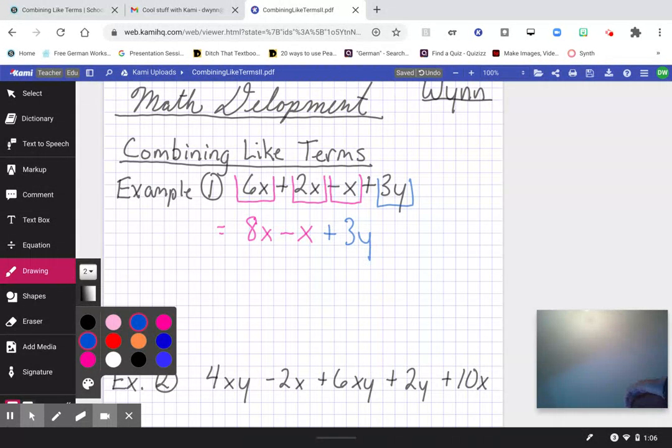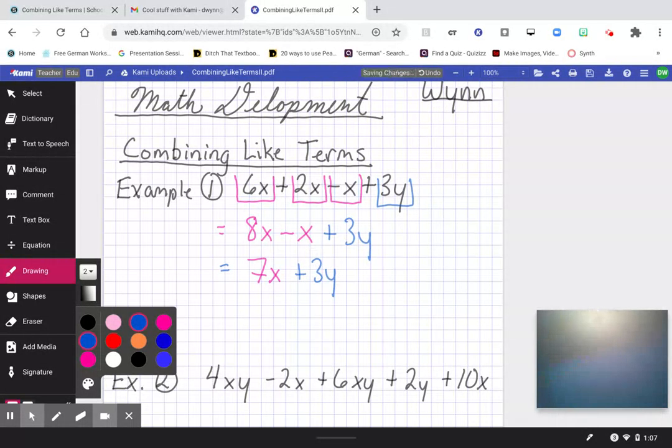Now we know which terms are like terms and which are not because we've color coordinated, so it's easy to see. Now, if we subtract an x from 8x, we're left with 7x. So we can bring that down, and we'll bring down the plus 3y.